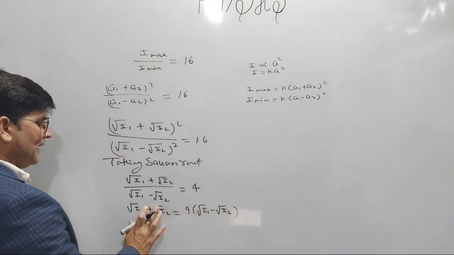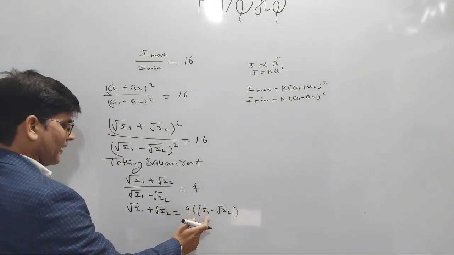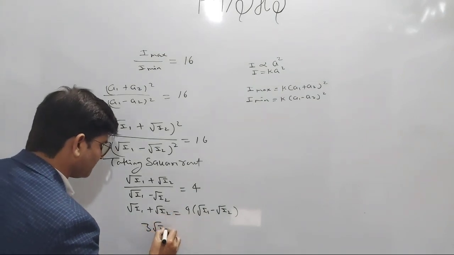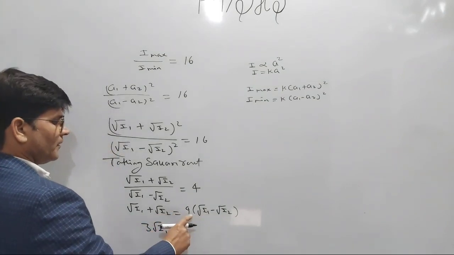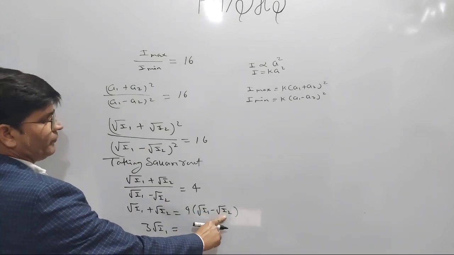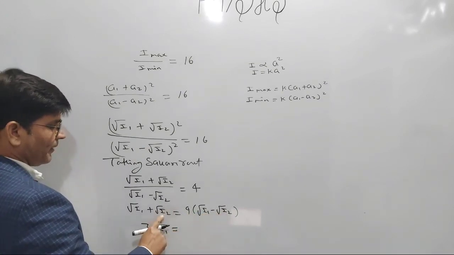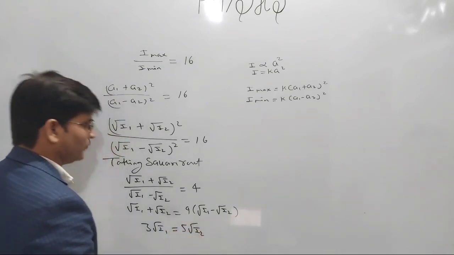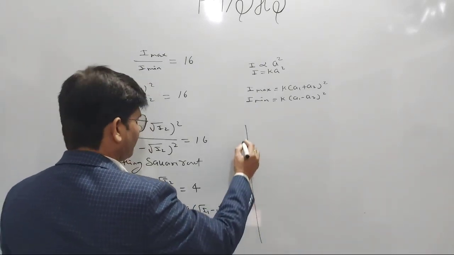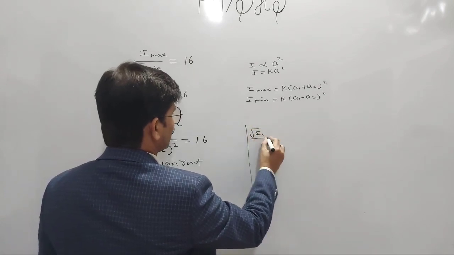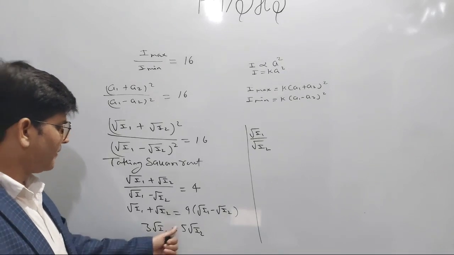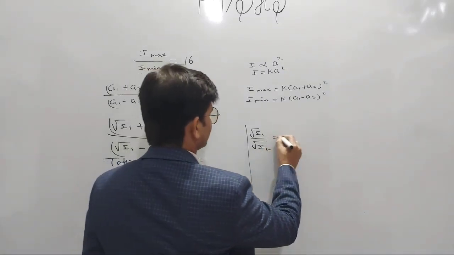On solving this, we have 4 under root I1 minus under root I1, this is 3 under root I1, equal to 4 under root I2 plus under root I2, this is 5 under root I2. So the ratio of under root I1 to under root I2 is 5 upon 3.